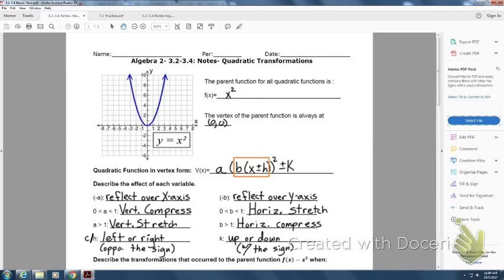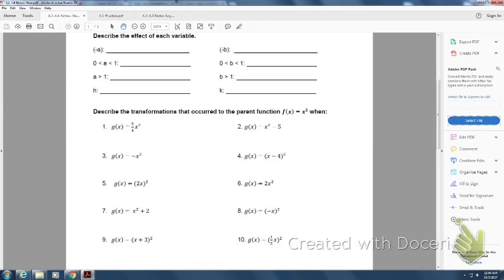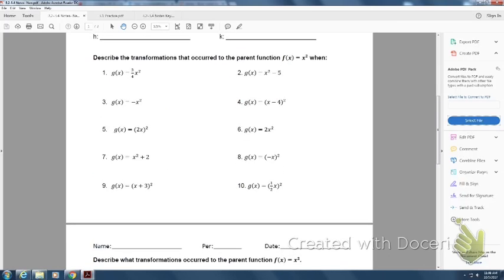Okay. So let's go down. We're just going to look at these examples, identify what transformations are happening, and write them in words. Looking at number 1, Josh, what transformation is happening? Which one of those transformations that we just talked about?